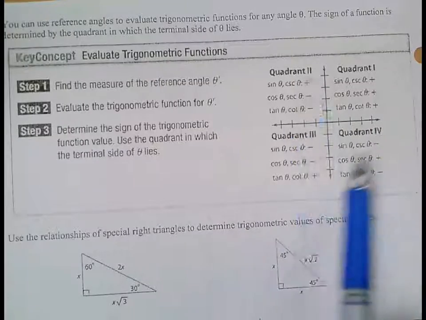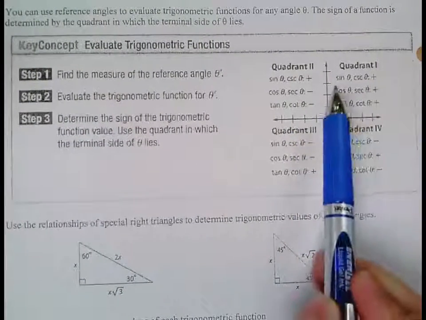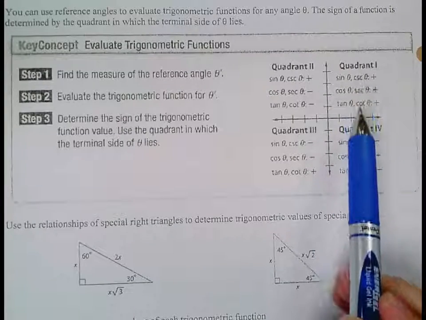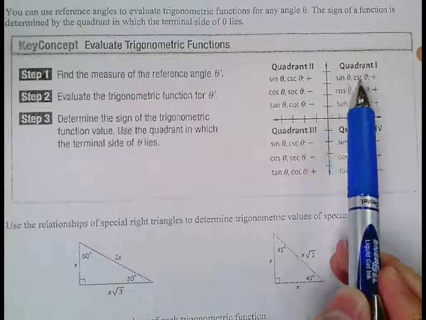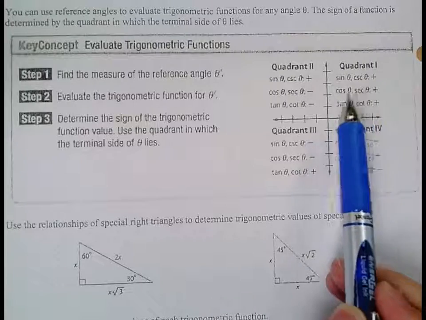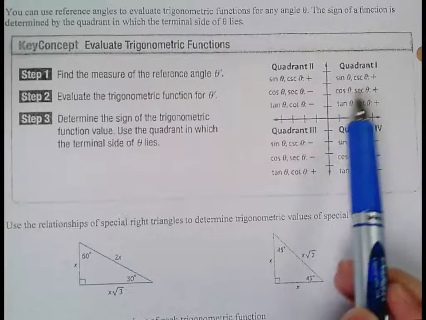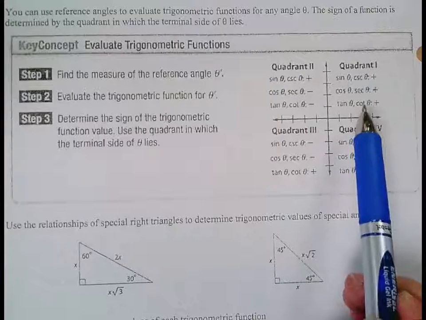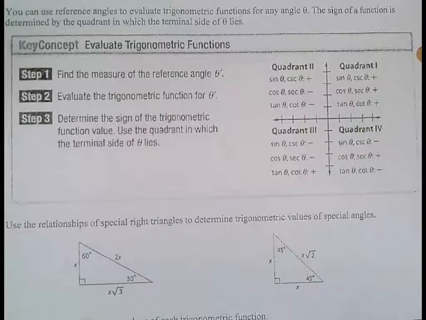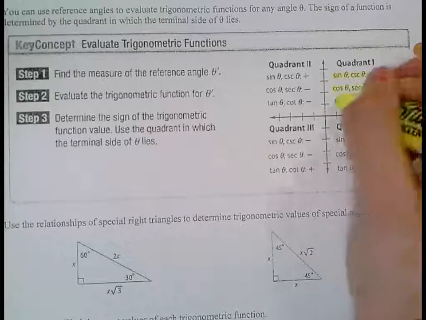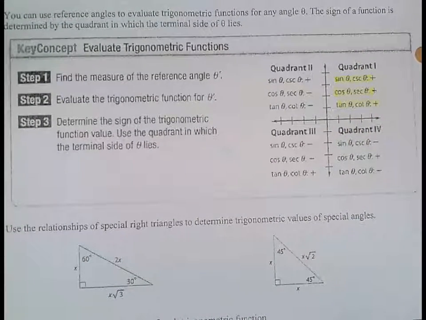So what this shows you, notice each trig function, sine, cosine, tangent, are paired with their reciprocals. So sine is paired with cosecant, cosine with secant, tangent with cotangent. And it shows you which trig functions are positive in which quadrants. So in quadrant 1, all trig functions have positive values.